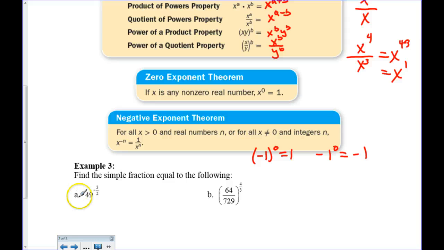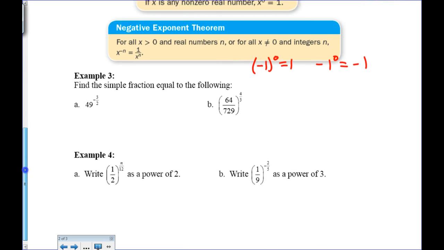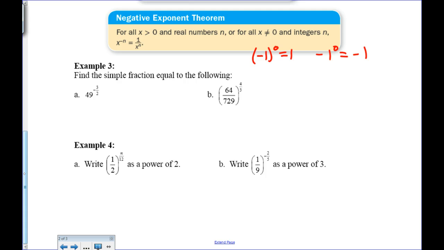All right, so let's look at A. We have 49 to the negative 3/2. First of all, you've got that negative to deal with, so I'm going to put it in its reciprocal form to get rid of that negative.